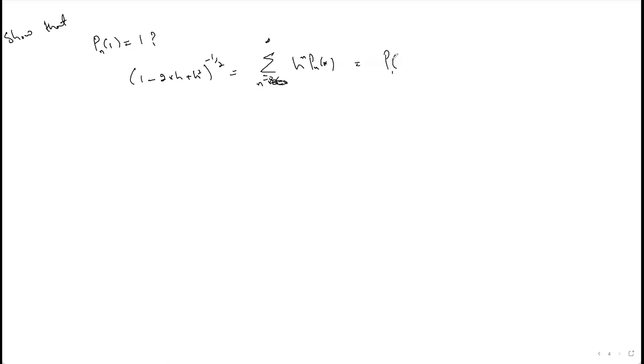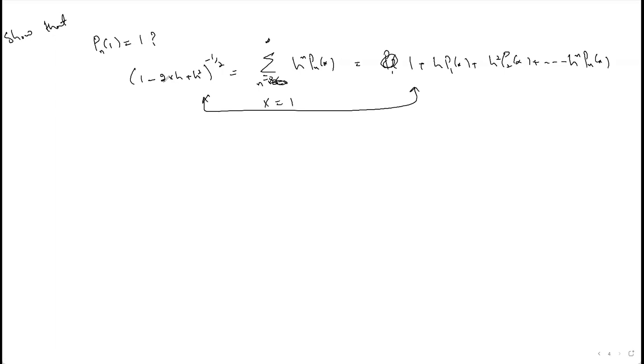The first term will be 1, plus h P1 of x, plus h square P2 of x, right? Plus so on, h cube, and so on and so forth. And the last term will be simply h raised power n Pn of x. Okay. Now what I will do is substitute x is equal to 1 in this equation. So what will this equation look like?